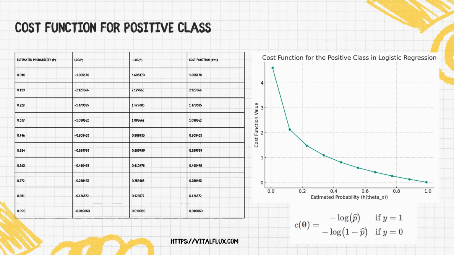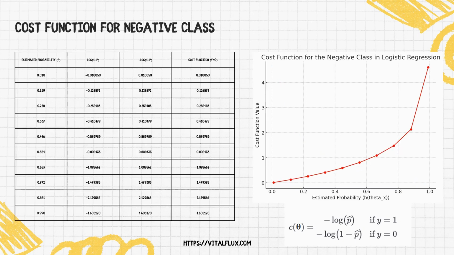Now let's look at the cost function output for the negative class. As we have seen for the positive class, here also we have a table on the left side and a curve on the right side. The table on the left side has the estimated probability as the first column. We are focusing on the negative class.